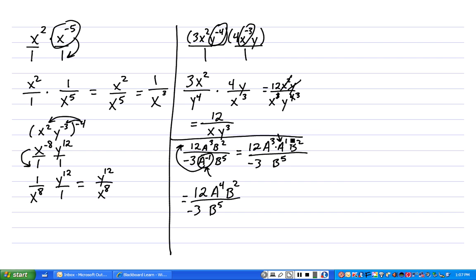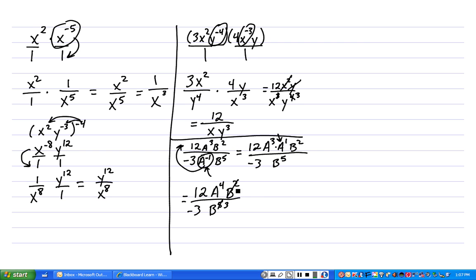Okay, now I'm looking here, b's over each other, greater exponent is in the denominator, so I'll subtract. These two will disappear, knock this 5 down to a 3, because 5 minus 2 is 3.